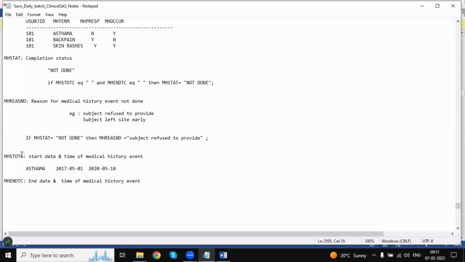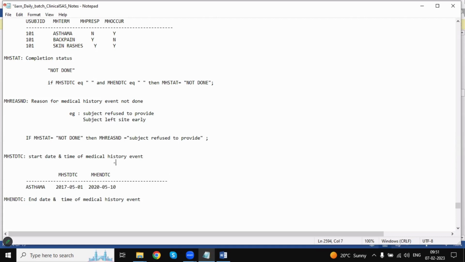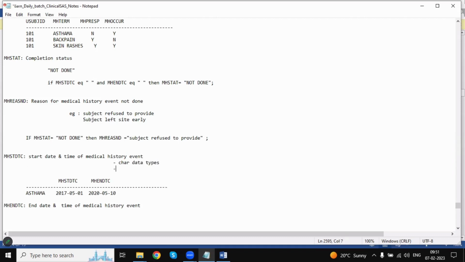So the start dates and end dates you have to capture, for each term. But remember, all these dates should be in character data type and in a standard form. Okay, clear?